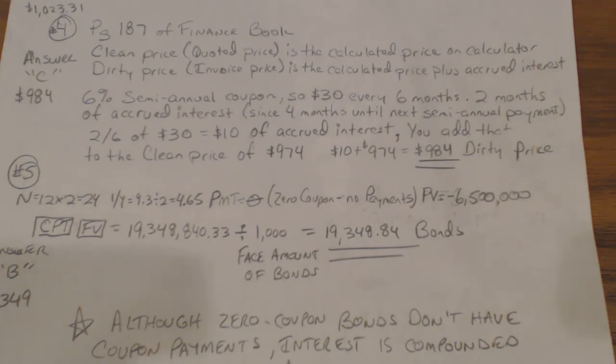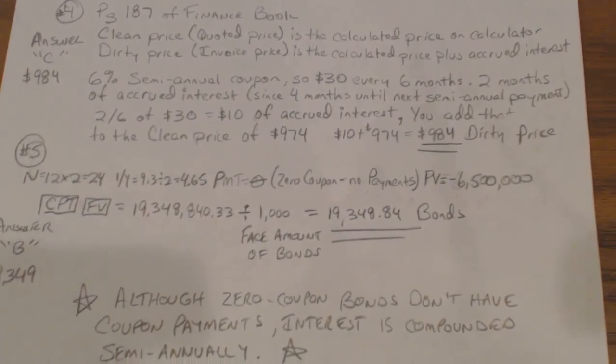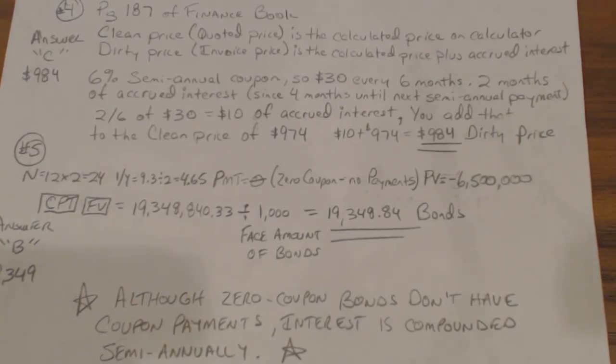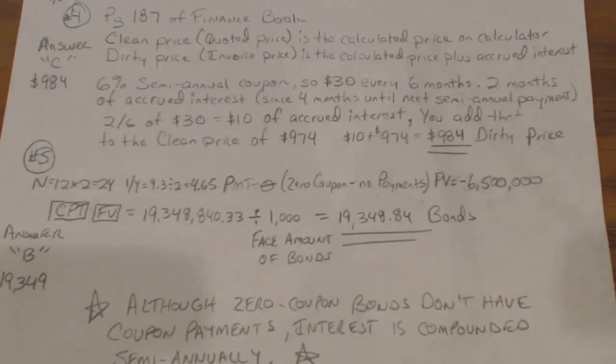So the periods go from 12 to 24, and the interest rate goes from 9.3 to 4.65. Then you calculate it and put in the amount. Really important: all zero coupon bonds, even though they don't have coupon payments, interest is calculated as being compounded semi-annually. And that's the first 5 problems on part 2.